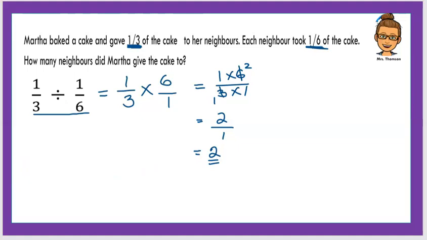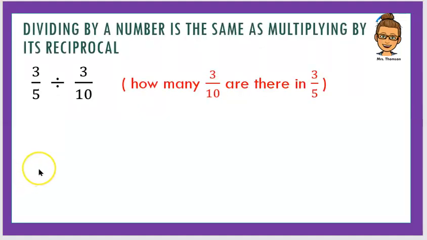All right. So let us look at another question. Again, always remember the rule when you are dividing. When you're dividing by a number, it is the same as multiplying by the reciprocal. I just want to make a point here. This holds true not only for fractions, it holds true for any number.